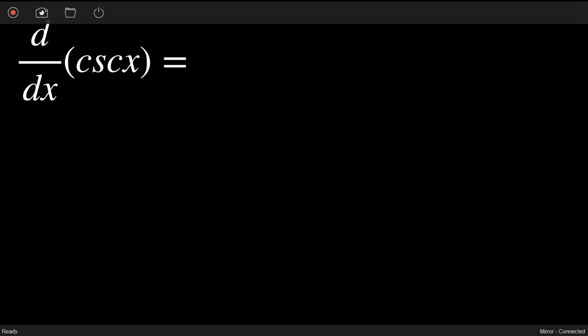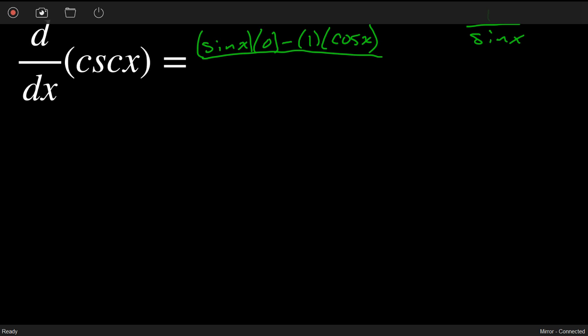All right, so the next one is going to be cosecant, and cosecant is equal to 1 over sine of x. So we're going to apply quotient rule once again. So you're going to have bottom times derivative of the top minus top times derivative of the bottom over bottom squared. And that's going to give us negative cosine x over sine squared x, and we can split this up kind of like we did before.